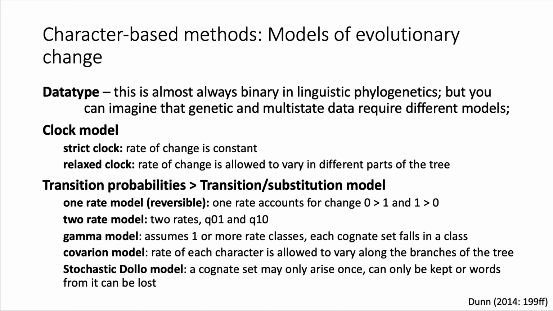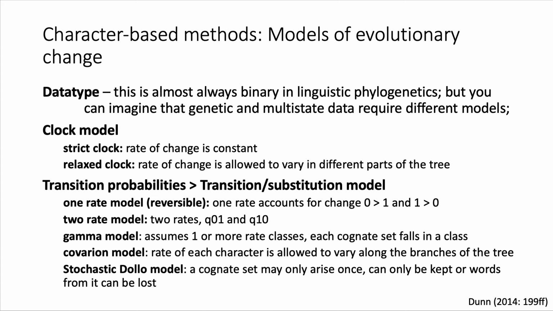Of course, there is a lot to say about models of evolutionary change, and this is where you really have to get into the nitty-gritty bits of things. So I'm going to spend very little time on this today. So one of the things that people have concerned themselves with is the data type. I've been talking so far about lexical cognate data, right? These are made binary, and this is what's used in most studies of linguistic phylogenies.